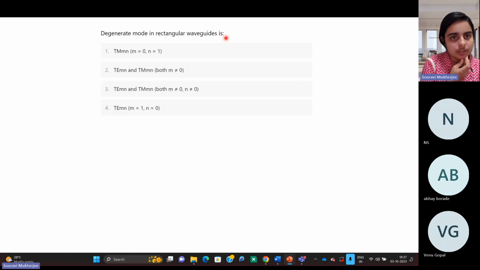So which among the following do you think can be a degenerate mode in a rectangular waveguide? You have to again think of the expression of your cutoff frequencies, put the values of M and N and then see. So try to write the cutoff frequencies of TE and TM modes, write the expression and then see.